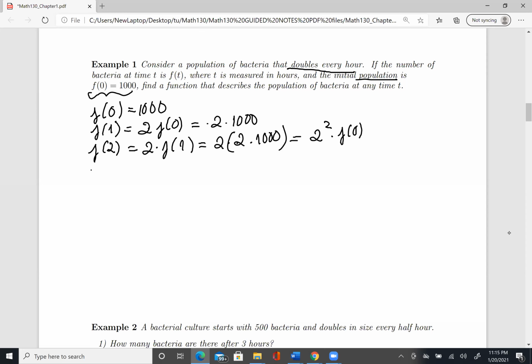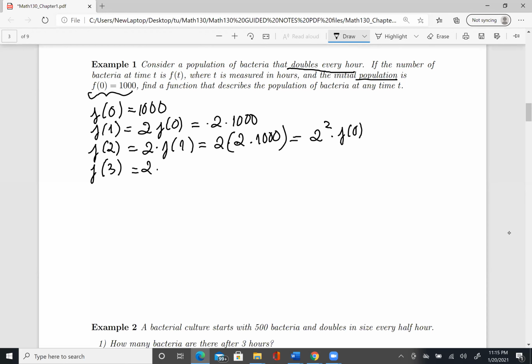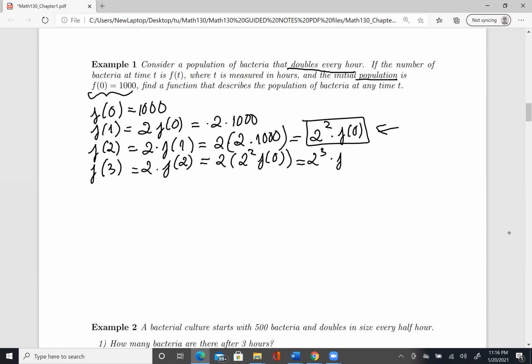So what about f of 3? I will have 2 times f(2), which becomes 2 times 2 squared f(0), and then it's 2 to the power of 3 times f(0), right?